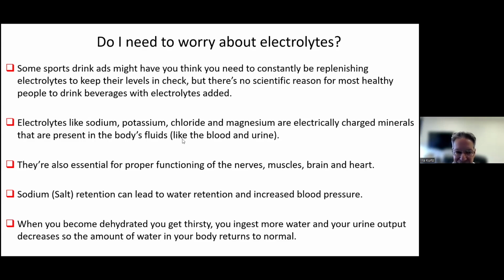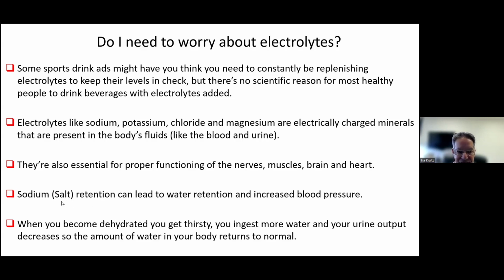Every cell has electrolytes. Sodium and chloride, two electrolytes, is what salt is made out of, table salt. And if you have too much of that, it can lead to the retention of water and increase your blood pressure, because water always follows the salt, for reasons that I won't get into today.